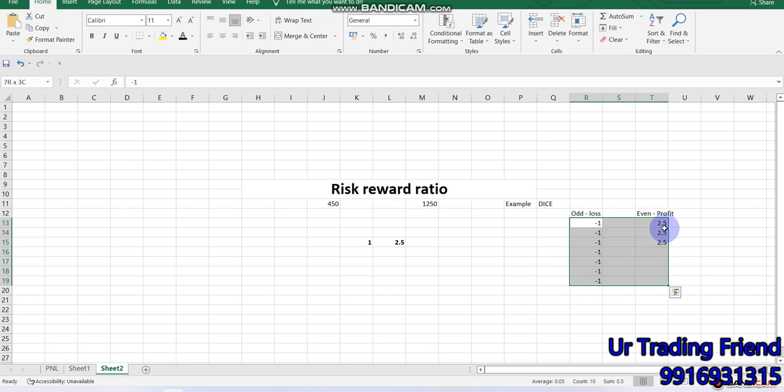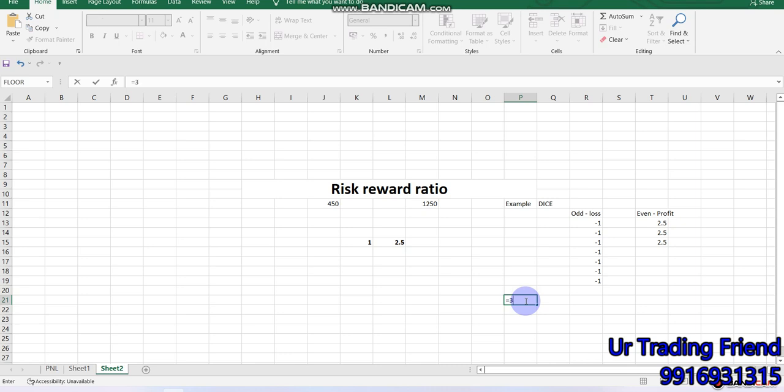Only 3 days we were in profit. That means 3 divided by 10, that is 0.3, that is 30%. I'll just keep a 30% winning ratio.